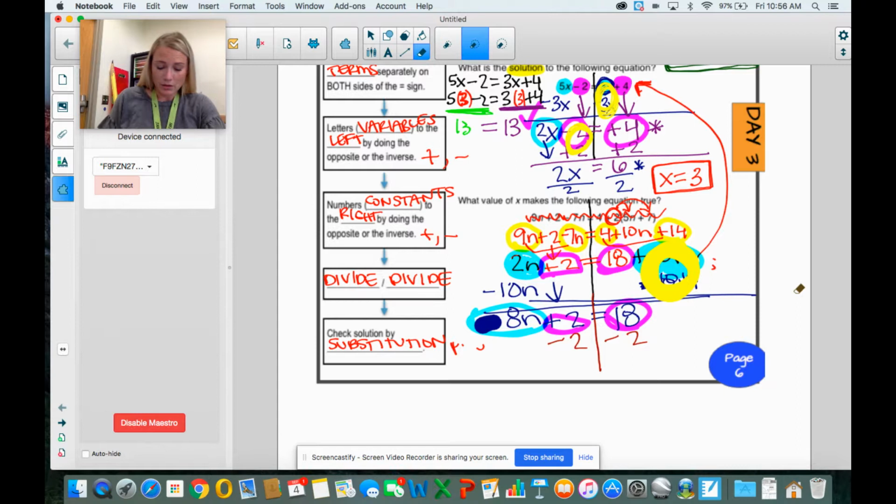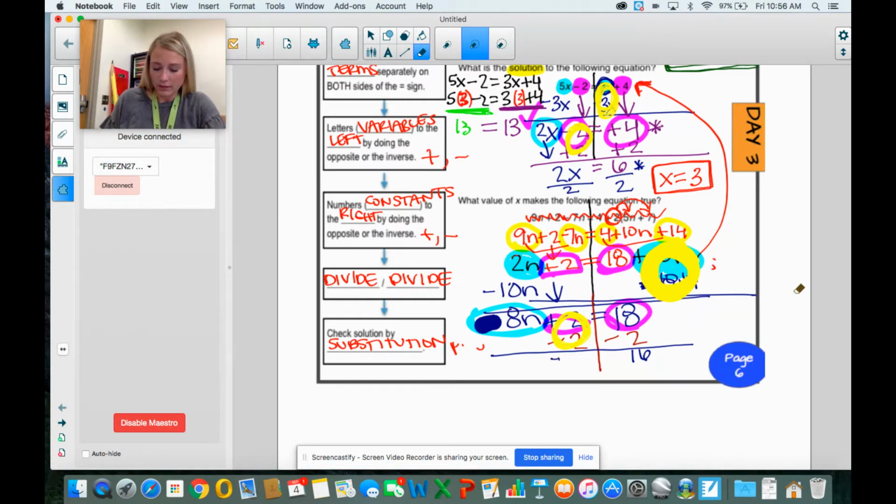So a positive 2 minus 2 gives me 0. Those cancel out. And then I've got 18 minus 2, which gives me 16. And then I bring everything else down.